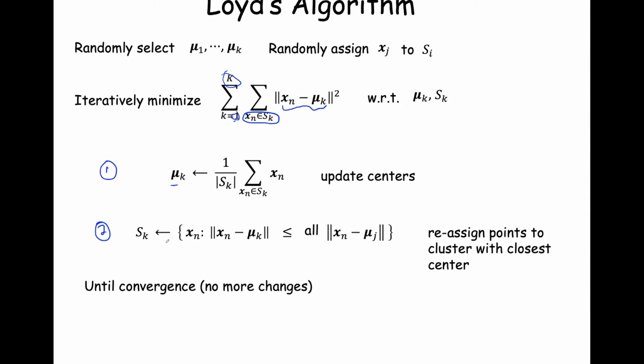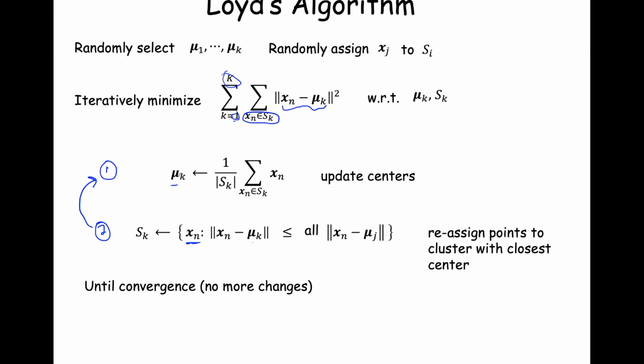How do you reassign them? You reassign the point to that cluster whose center it's closest to. So for all of your xn in sample points, you're going to assign it to cluster k if it is closest to mu sub k. So once you do that, your assignment changes. Then you fix your assignment and you go back to step 1 again and update your cluster center.